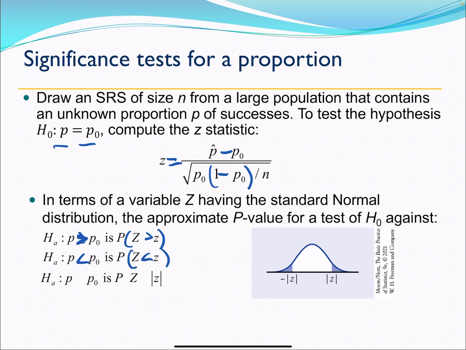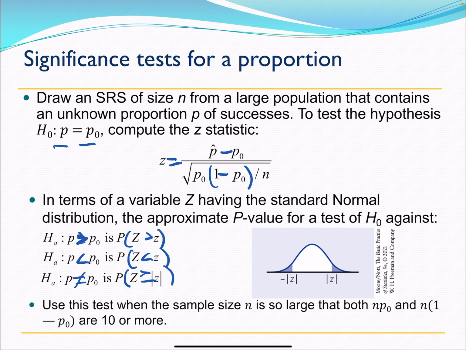And P is not equal to P naught, so the probability would be Z greater than or equal to the absolute value of z. And we have to use this test when the sample size n is so large that both n p0 and n times 1 minus p0 are 10 or more. So the sample size depends on what your probability is.